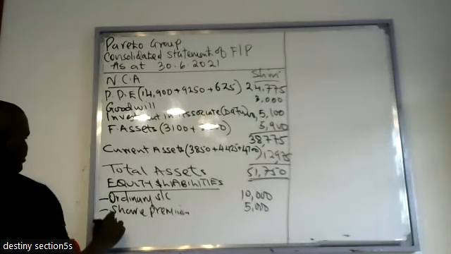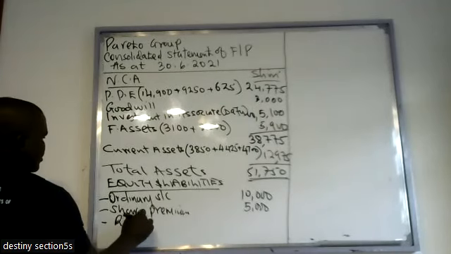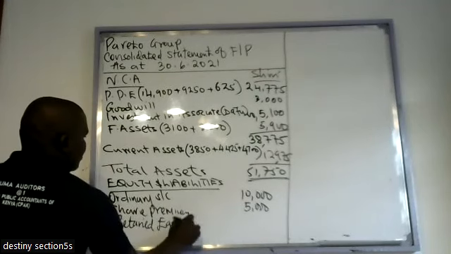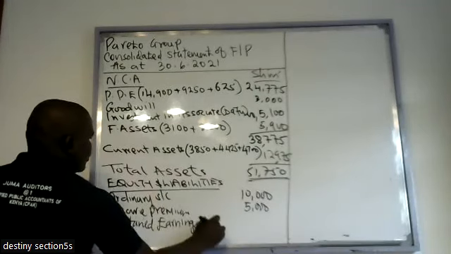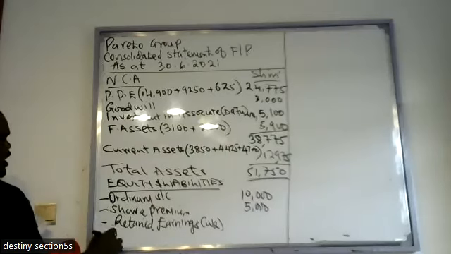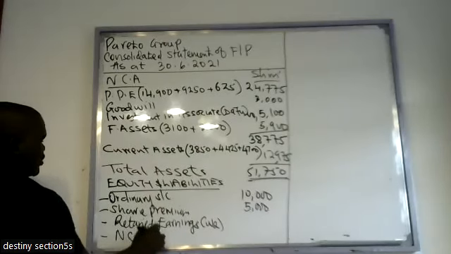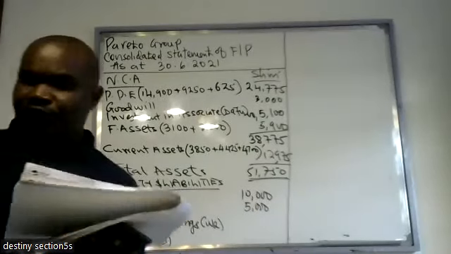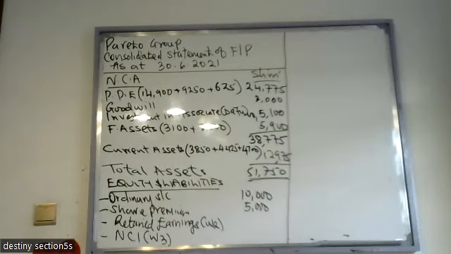Retained earnings, working 2. NCI, working 3. So give me those two figures in that order. So retained earnings and NCI in that order.